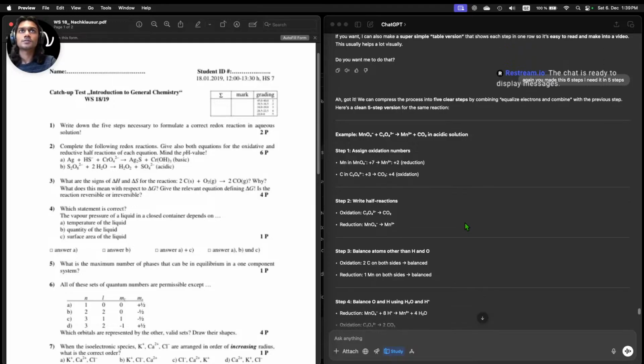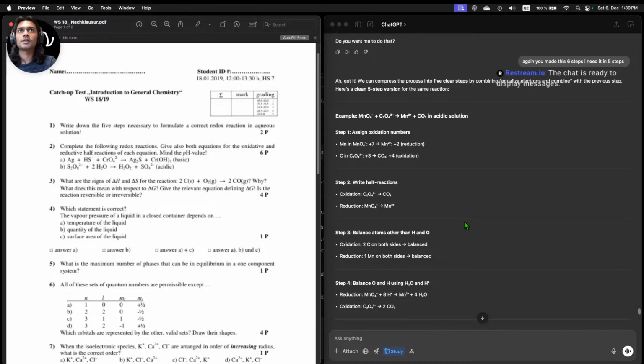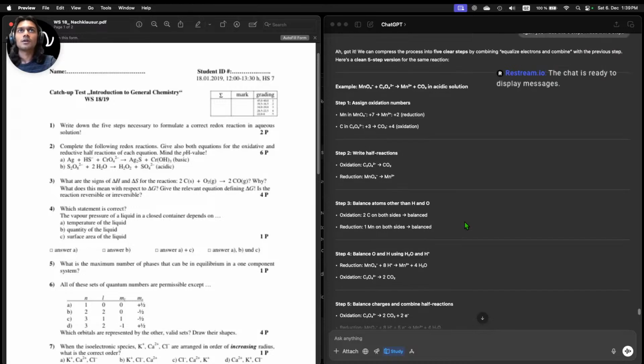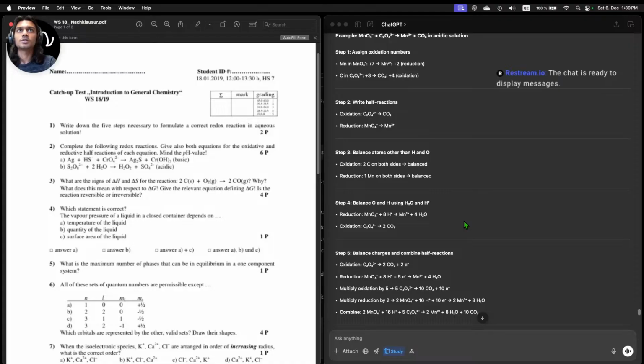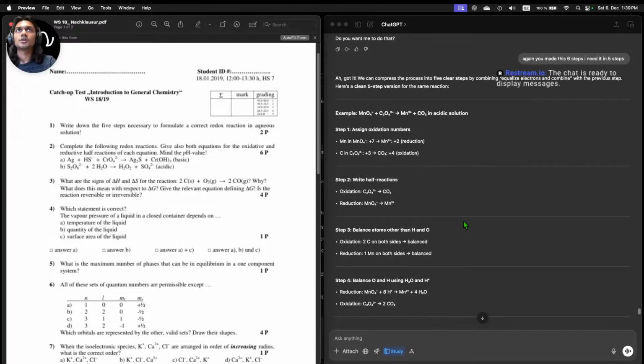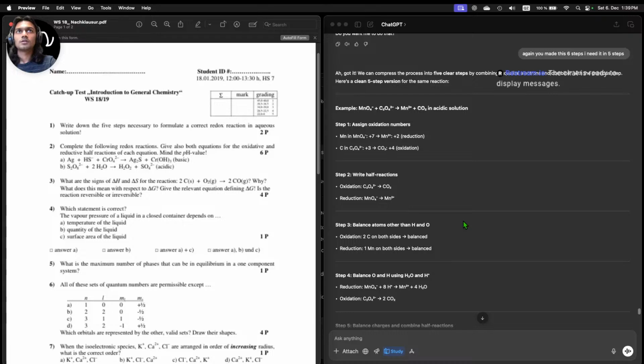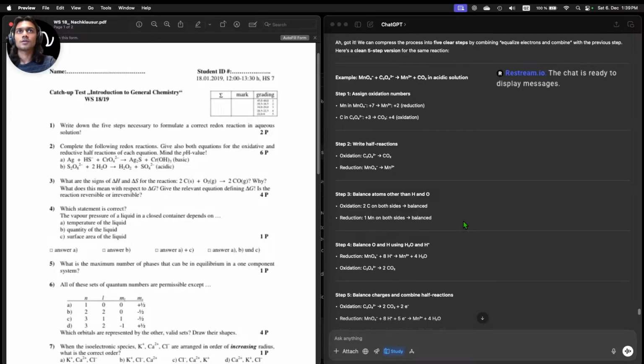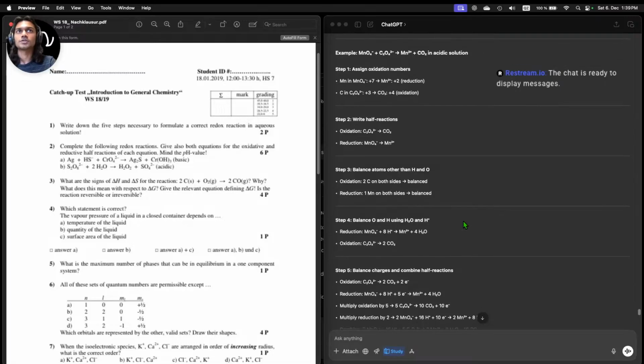Write the half reactions. Balance atoms other than H and O. Balance O and H using H2O and H plus. Balance charges and combine half reactions. So: assign oxidation numbers, write half reactions, balance the atoms other than H and O, balance O and H using H2O and H plus, balance charges and combine half reactions.